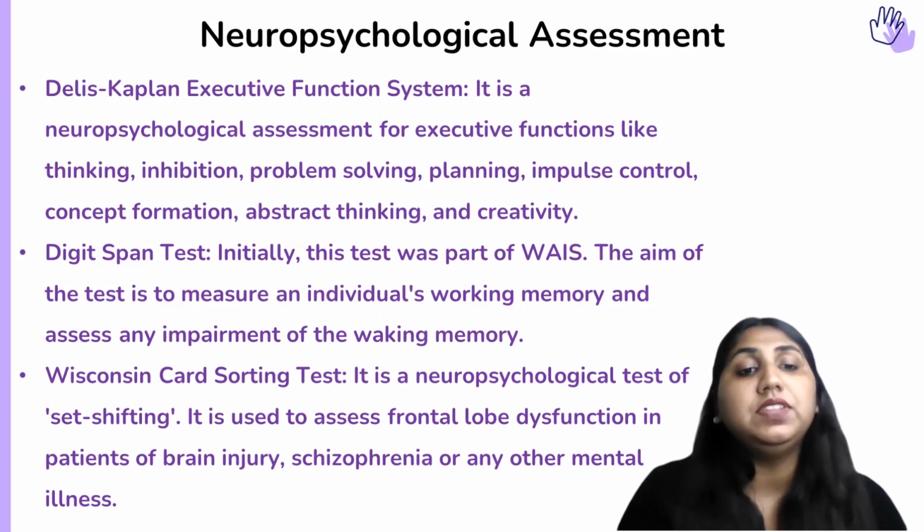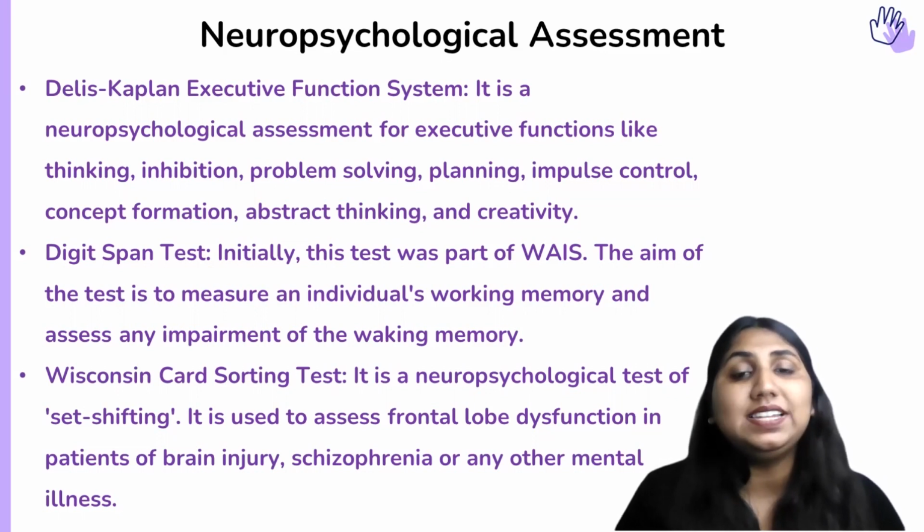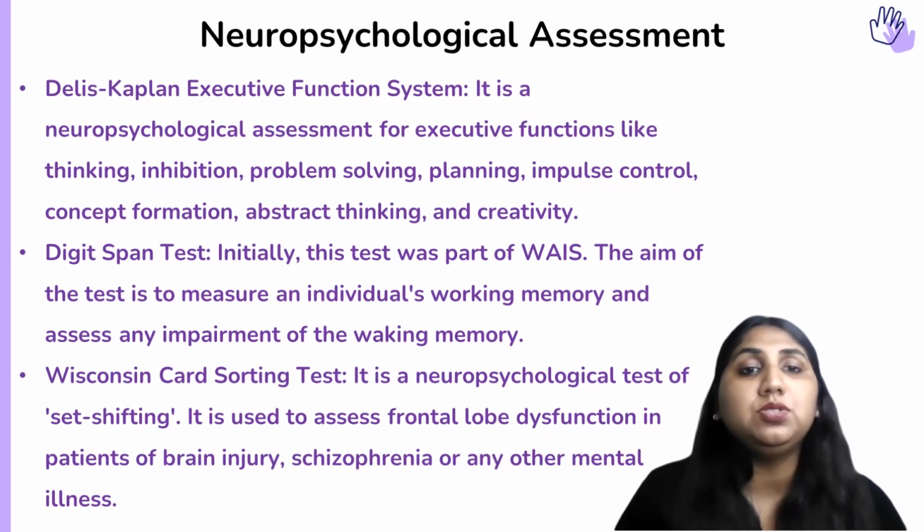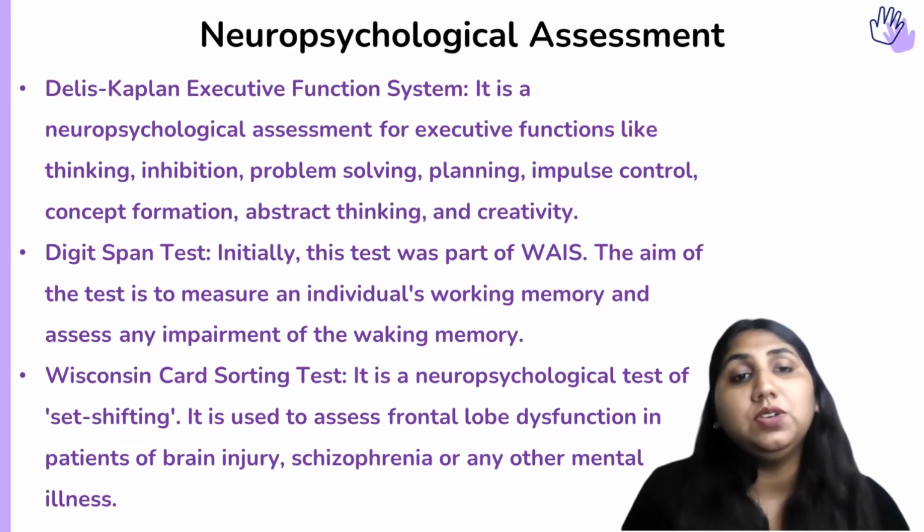And then we have the Wisconsin Card Sorting Test. This is a neuropsychological test of set shifting. So what is set shifting? It is when you get into a certain set of thought that you're unable to shift or change, due to difficulties or dysfunction in the frontal lobe. So this is often used to assess frontal lobe dysfunction in patients of brain trauma, brain injury, schizophrenia, or any other mental illness.